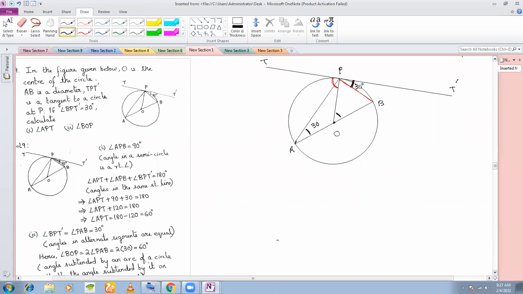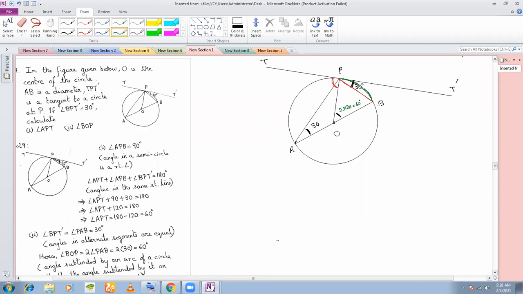Because this angle here, 30 degree, is the angle subtended by this arc on the remaining part of the circle. So this angle here should be 2 into 30, which is 60, because the angle subtended by an arc at the center is double the angle subtended by it on the remaining part of the circle.